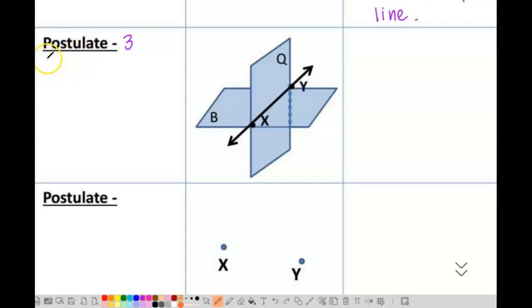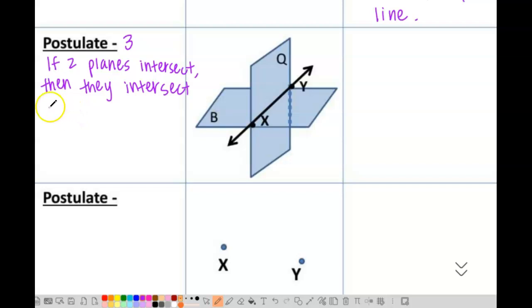So, if two planes intersect, then they intersect at exactly one, what? No, a line. At exactly one line.